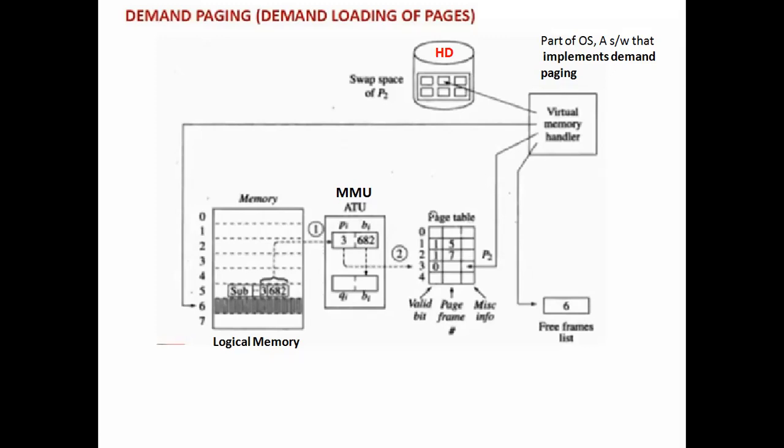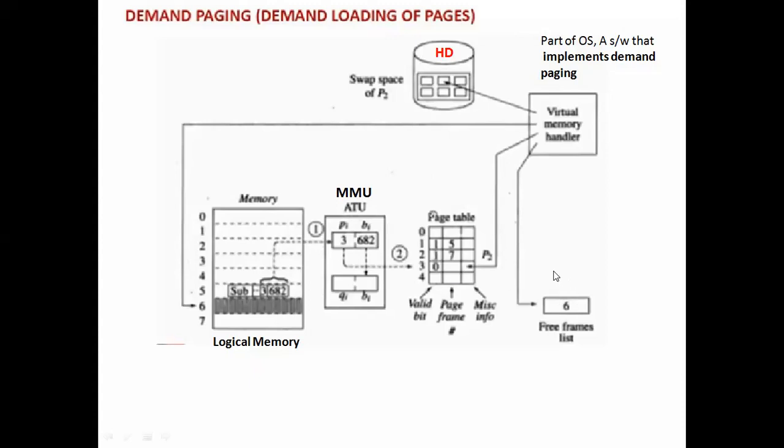That indicates that page P3 is not currently available in the main memory, hence we have the occurrence of something called a page fault. The page fault will be generated as page number 3 has a valid bit of 0. The OS comes to know that the required page number 3 is not available in the main memory. So now the required page is loaded into the RAM, in one of the page frames in the main memory, and that particular value will be updated in the page table.